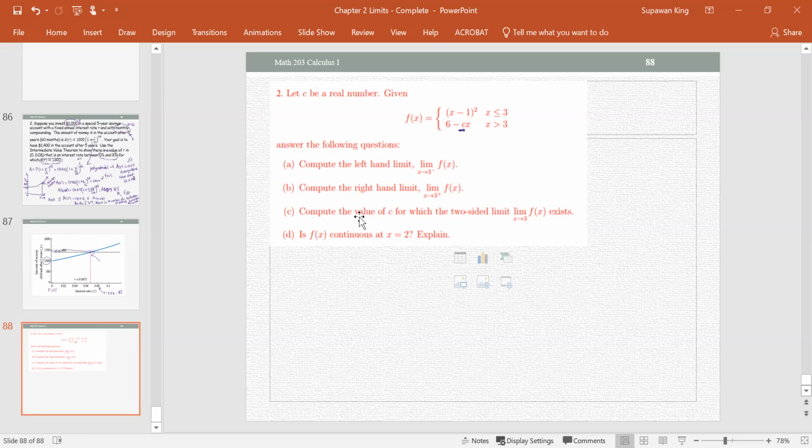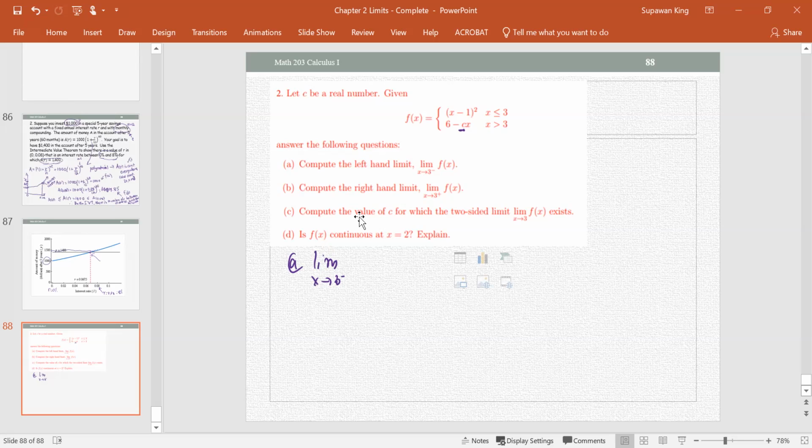In part A, we're going to compute the left-hand limit, or the limit as x approaches 3 negative of the function. As x approaches 3 negative, that means x is slightly less than 3.